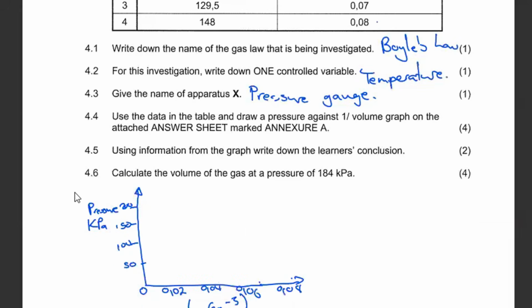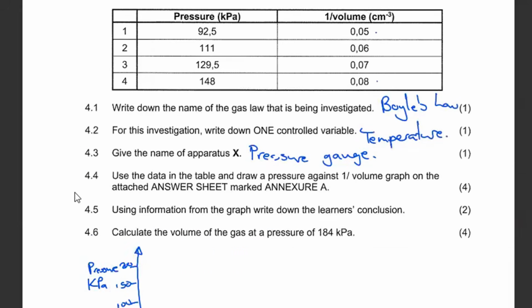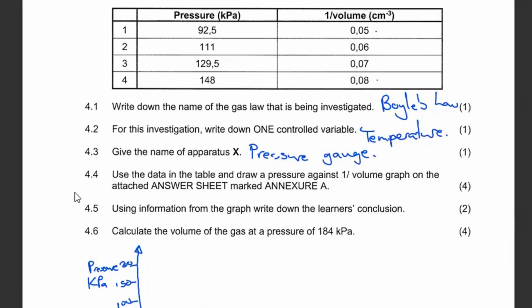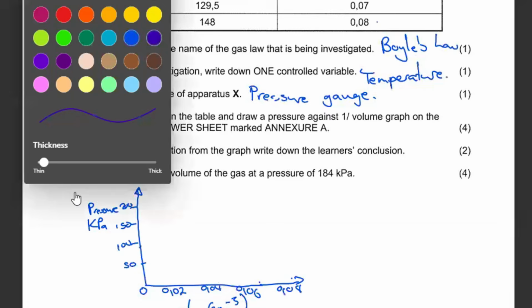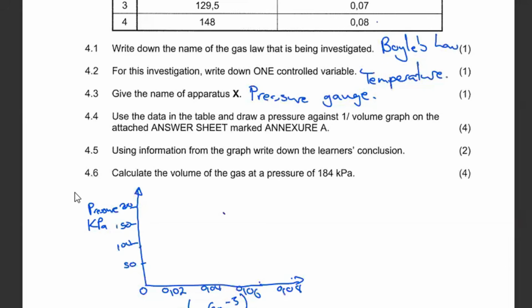So at the end of the day, what you're going to have is a straight line graph. A pressure of 92 goes with an inverse of 0.05, somewhere there.